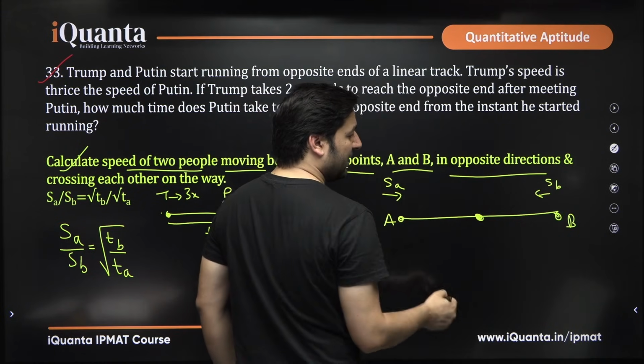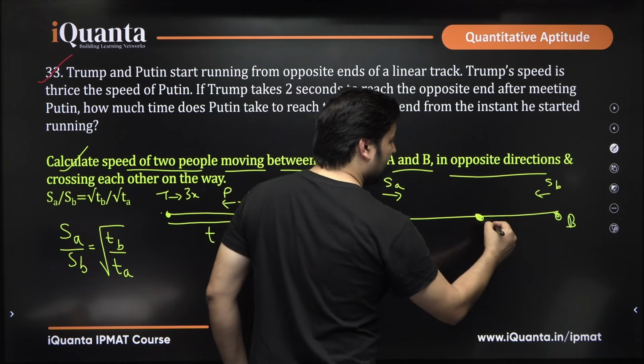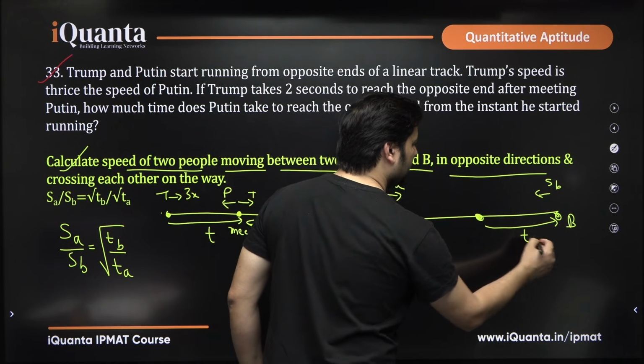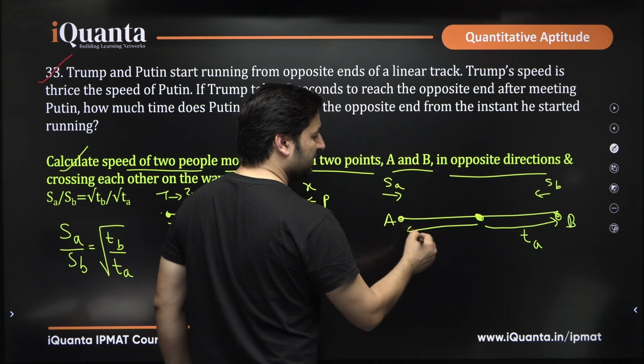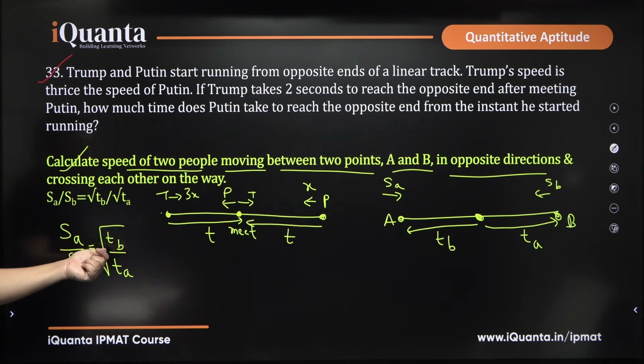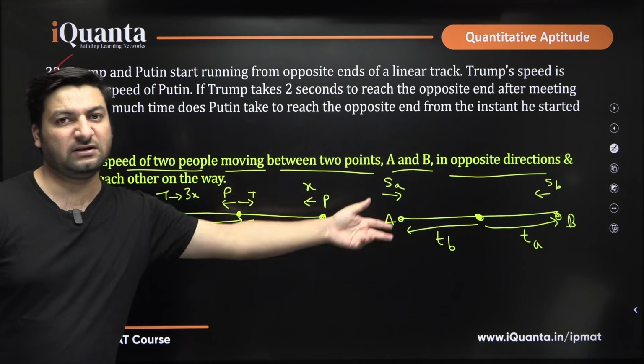After meeting, the time that A takes from here to here will be called TA, while the time that B takes from here to here will be called TB. So these are the times taken by the respective bodies after meeting.